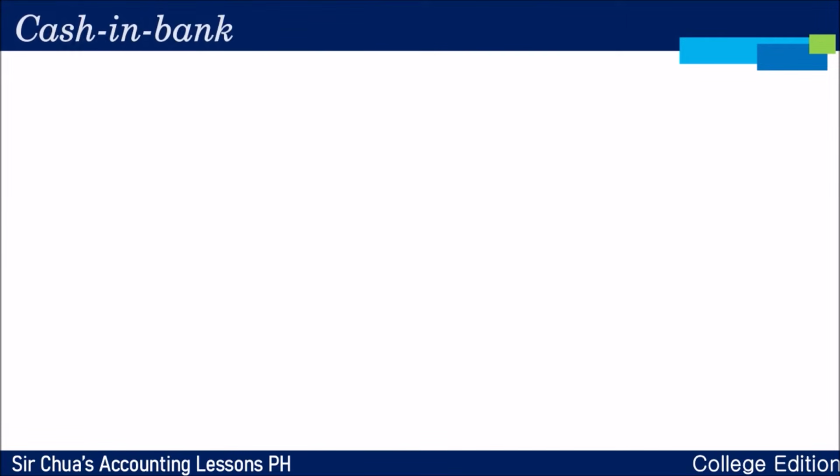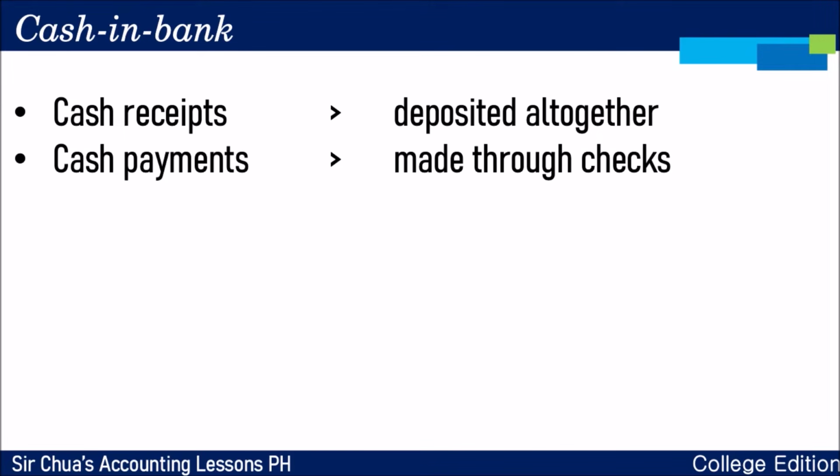Okay, so cash and bank. Always remember that cash receipts or cash collections by the company should be deposited intact altogether. It's actually a control mechanism of the company. And then, cash payments of the company should be made through checks. Hindi tayo basta-basta pwede maglabas lang ng cash. Kailangan approved lahat ng ating cash disbursements or payments, which is dapat yung payments natin is made through checks.